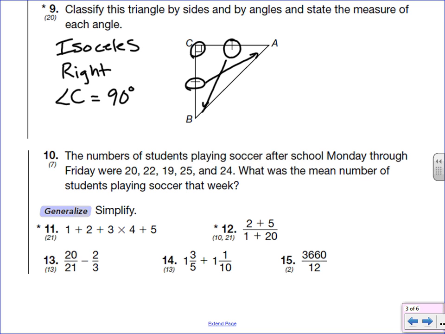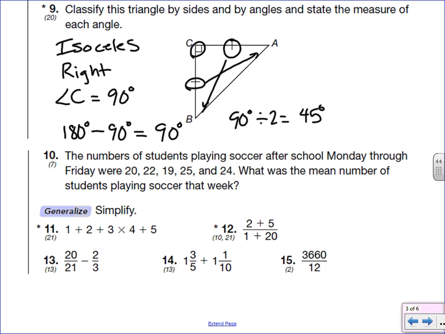So the total angle measure for a triangle is 180 degrees. We take off angle C, which is 90, and that leaves us 90 degrees between angle B and angle A. And if they have to be the same, I can take 90 degrees and divide it by 2, which gives me 45 degrees.